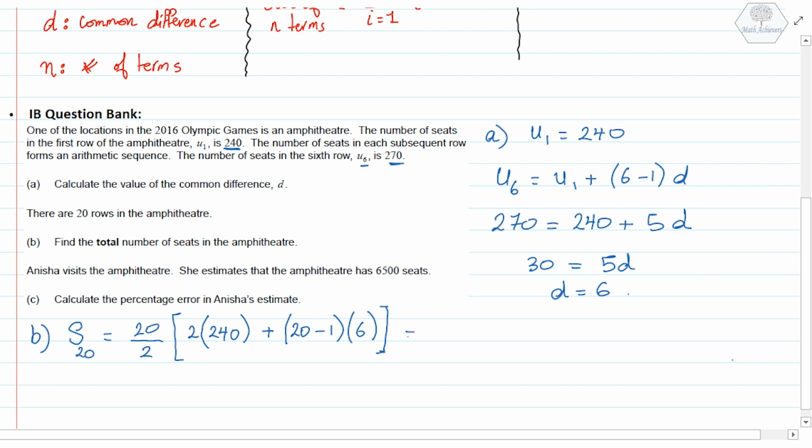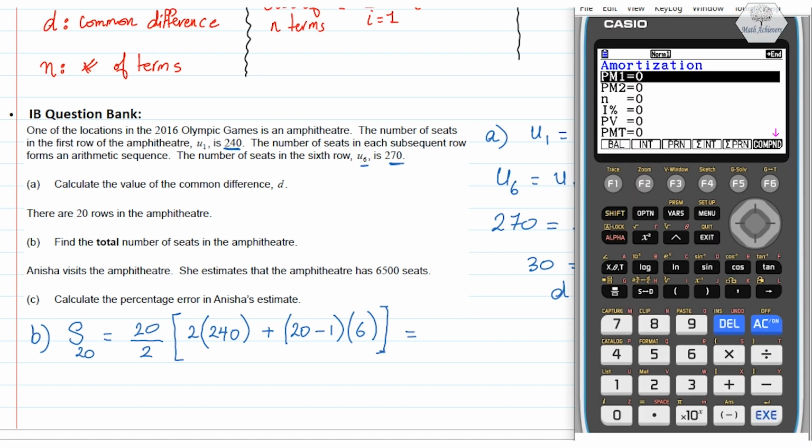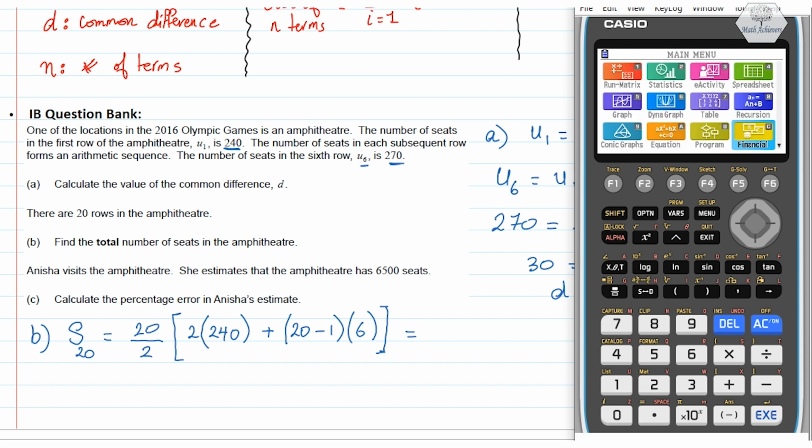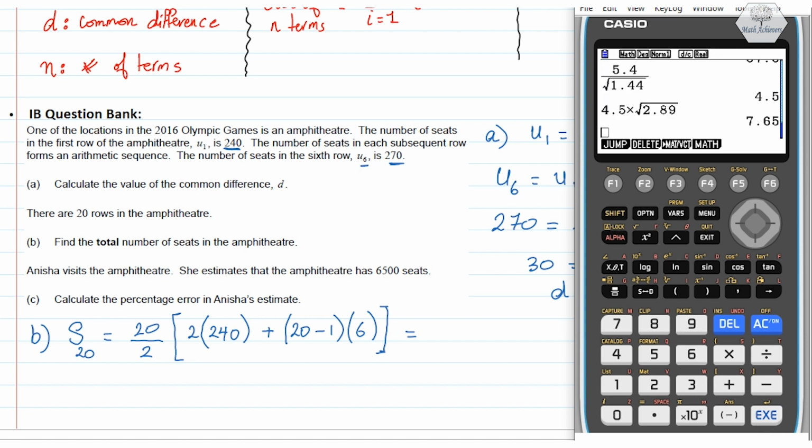So now, this will be equal to, I need to use my graphical display calculator. I go to menu, I go to run matrix, and I plug in this value, which is 20 divided by 2 times 2 times 240 plus 20 minus 1, which is 19, times the common difference, which is 6.